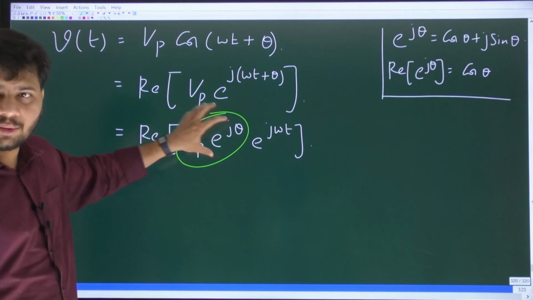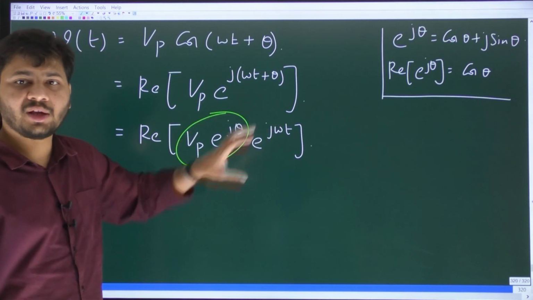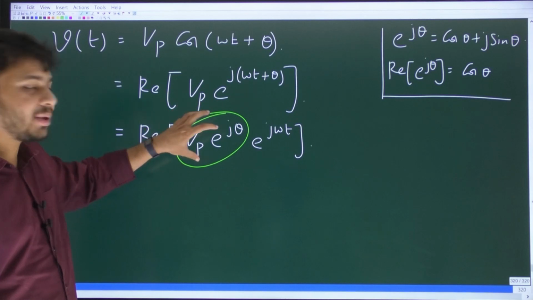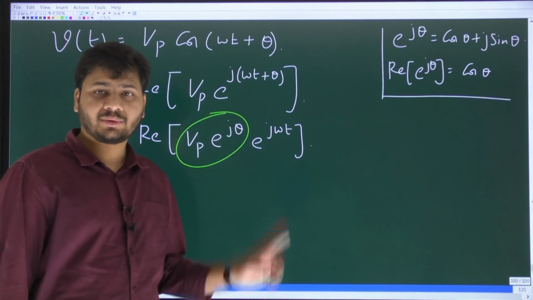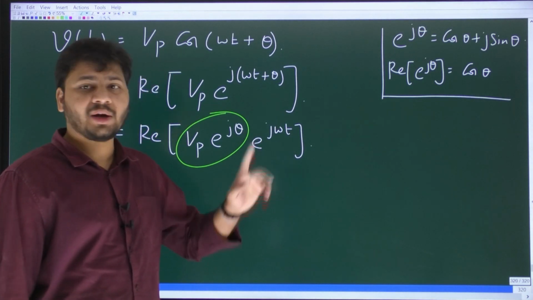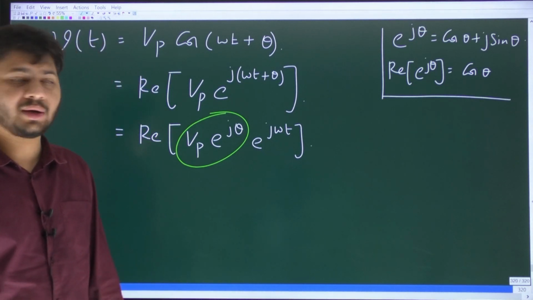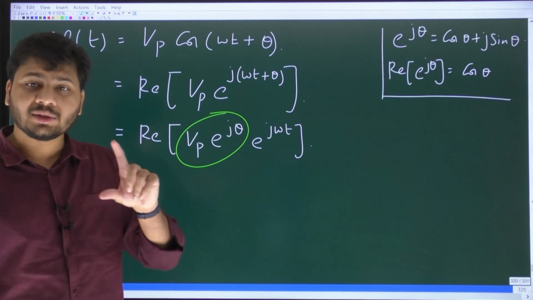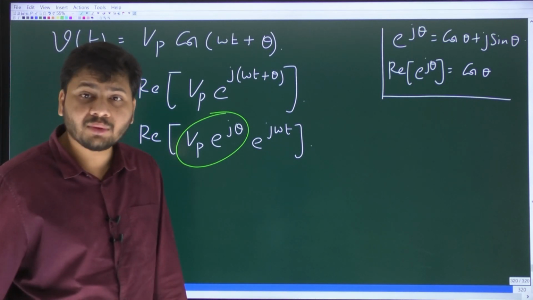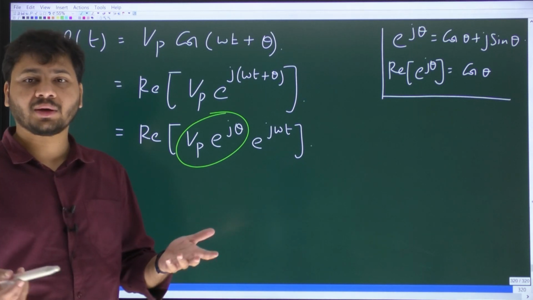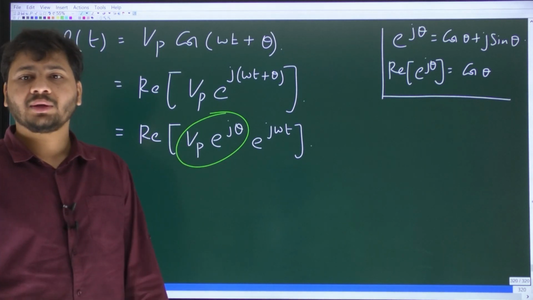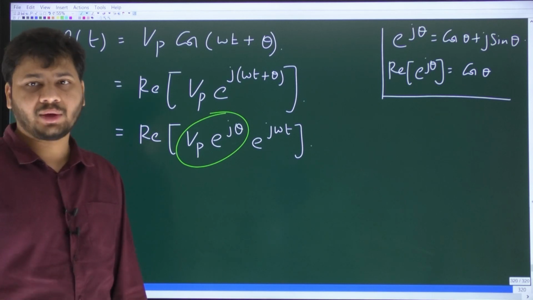So this complex number, multiplying e power j omega t, is what is called the phasor voltage. So what is this phasor voltage? It is a complex number which will represent the actual sinusoidal voltage.